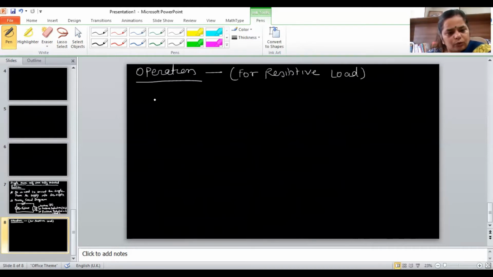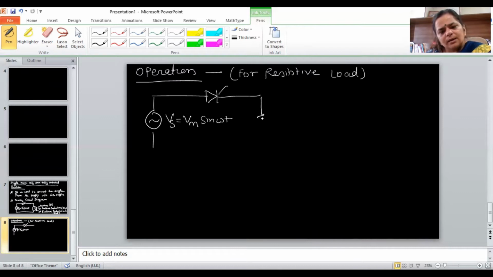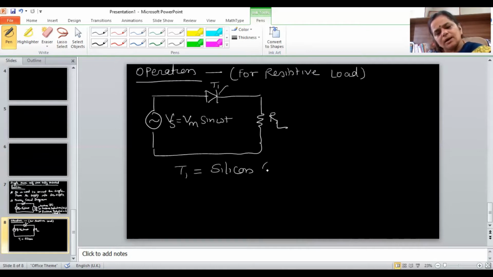Now, once again I am making the power circuit diagram. This is Vs = Vm sin omega t, this is the SCR, and the resistive load I am connecting here is represented by RL, and this is T1, where T1 is nothing but a silicon controlled rectifier, which is a controllable device, that is also called a thyristor.